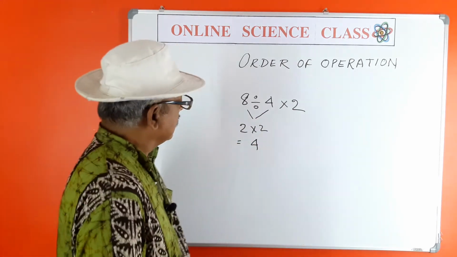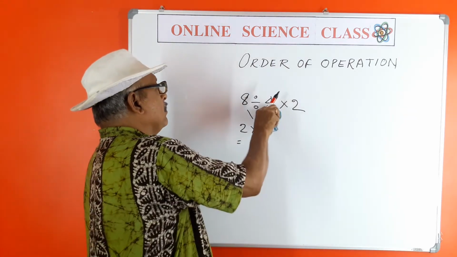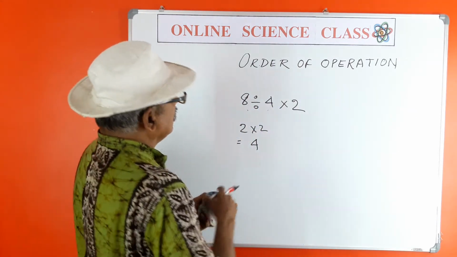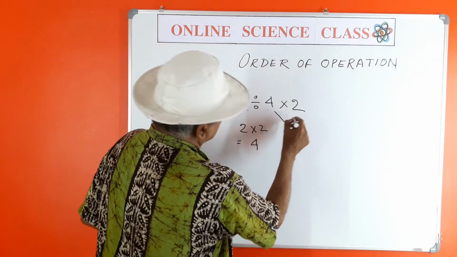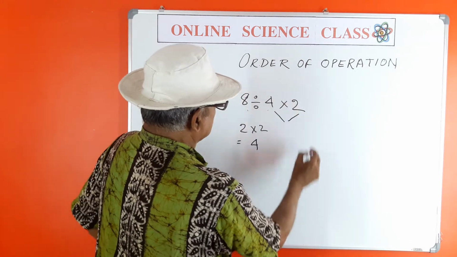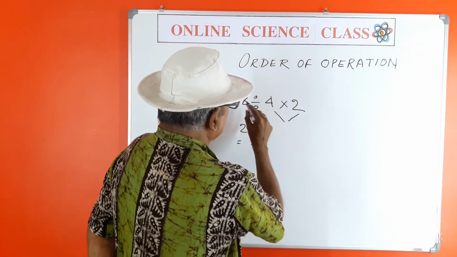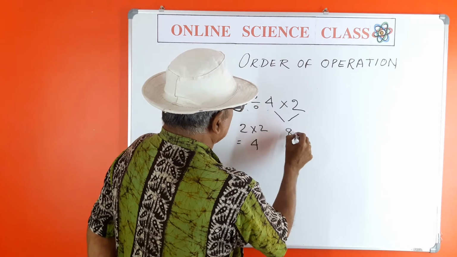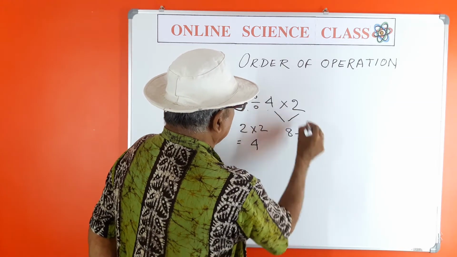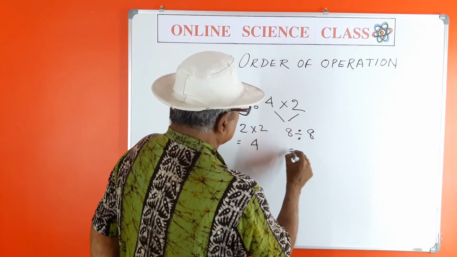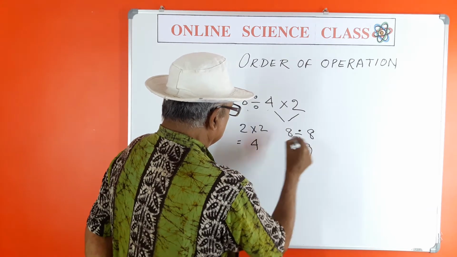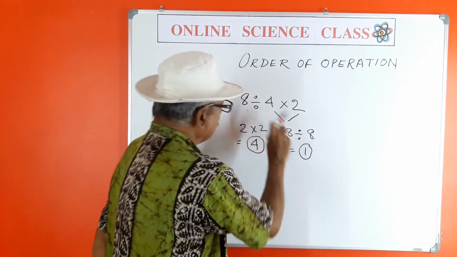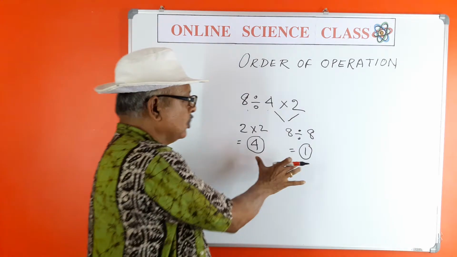Okay. Some people say no, we will do this multiplication first. So it becomes 8 divided by 8. So the answer becomes 1. So the same expression, we are getting two answers.